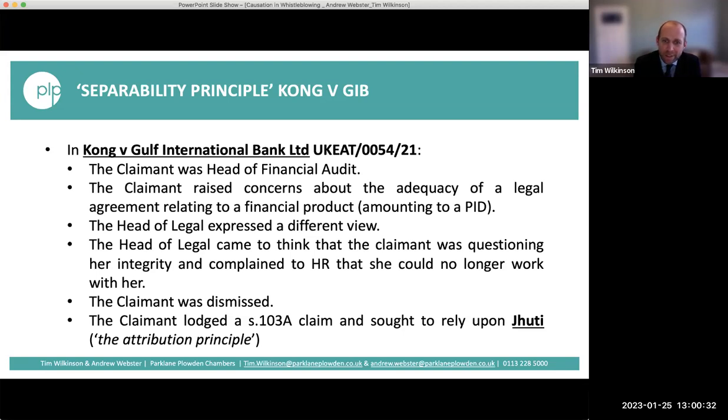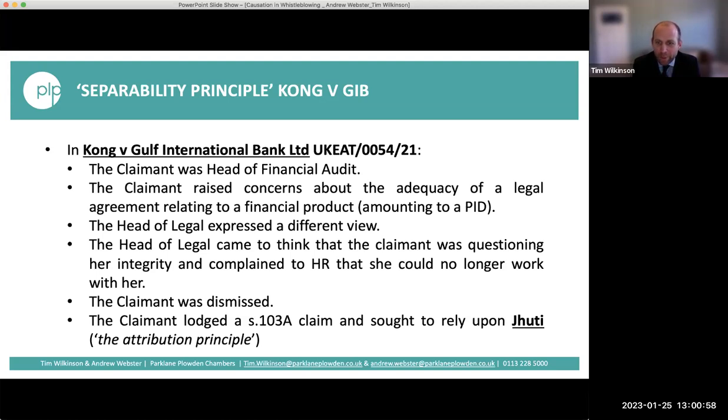In relation to the dismissal, the claimant was dismissed because she had questioned the integrity of the head of legal in that conversation and in the email. So in the same subject matter as the detriment claim that would have succeeded, but in terms of the dismissal, the tribunal found that the claimant had been dismissed because of conduct reasons, not disclosure.